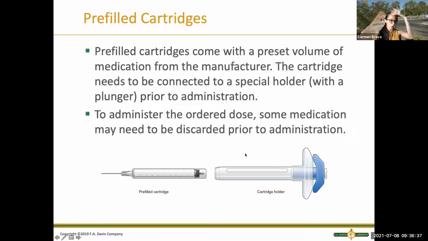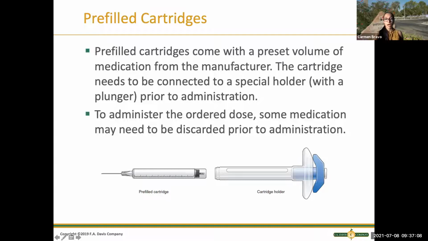The more sophisticated we get with medications and vials, the less we have to use these cartridge holders. The pre-filled syringe will come with a connector right here. This attaches to the cartridge, and then you screw it, and then you administer the medication. After the medication has been administered, you only discard this portion, and this is multi-use.